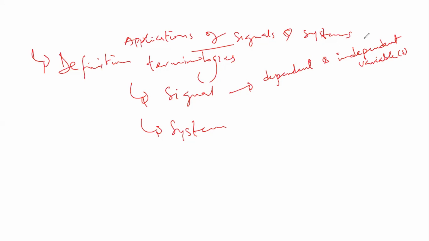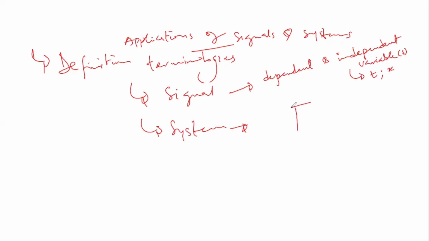And we said our independent variable could either be time or space. And then we said a system is anything that can take this signal, act on it, then produces an output.